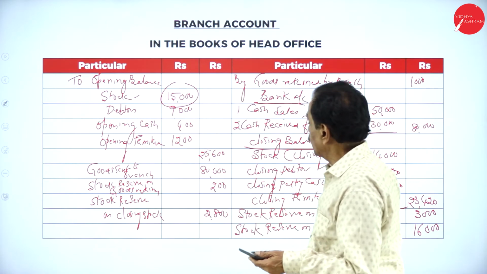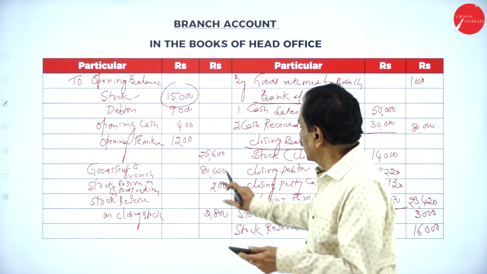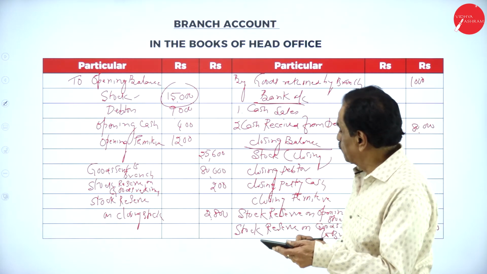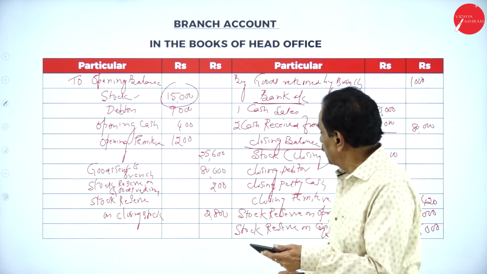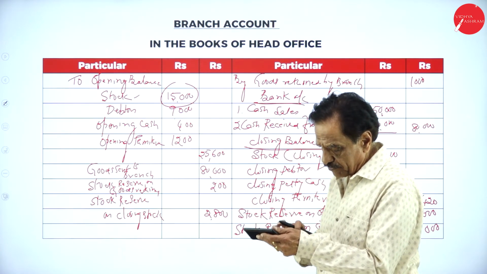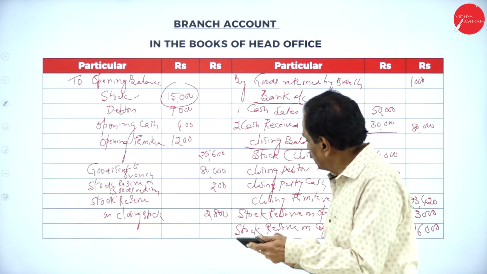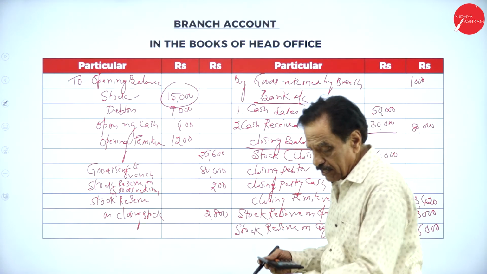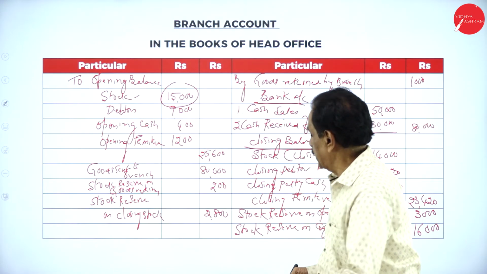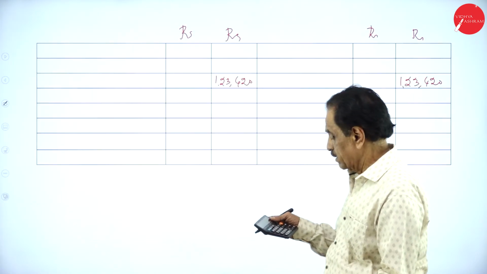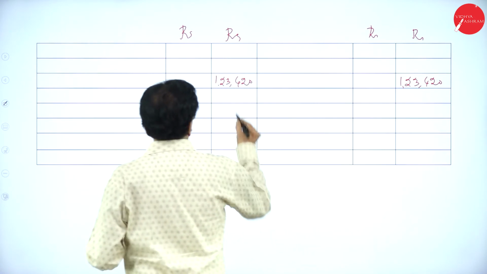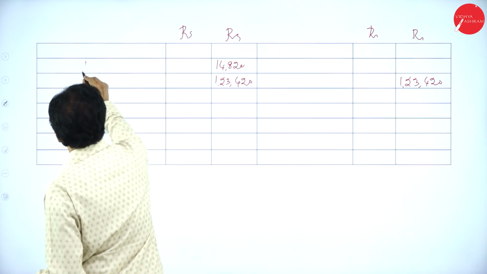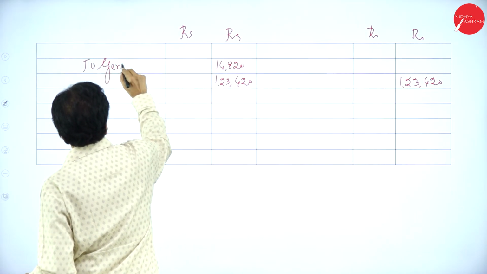So 1,23,420 minus, what is the first one? 25,600 minus 80,000 minus 200 minus 2,800. That's all. 14,820 to general profit and loss account.